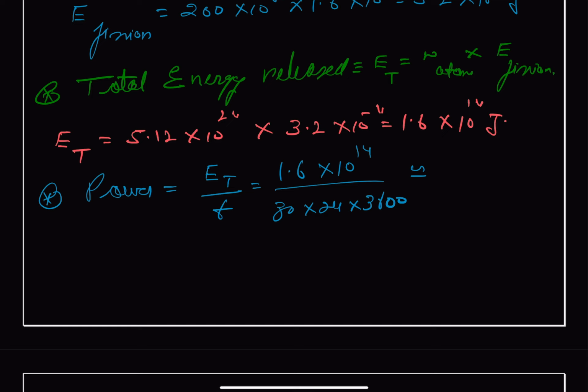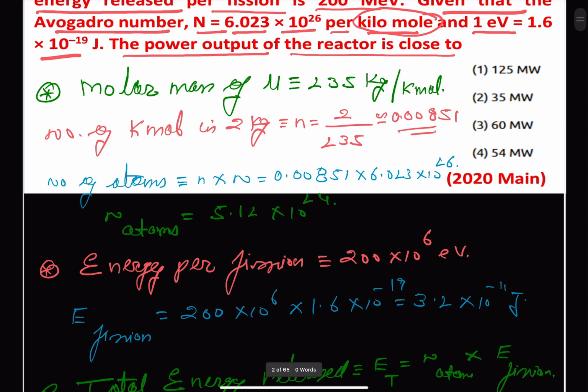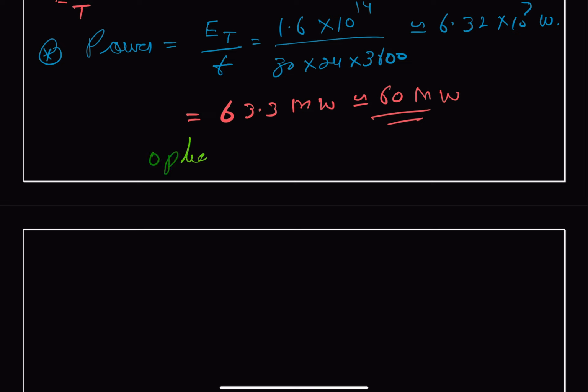This will be approximately equal to 6.32 into 10⁷ watts, or in terms of megawatt, 63.3 megawatt. You can just approximate it as 60 megawatt. So option 3 is correct.